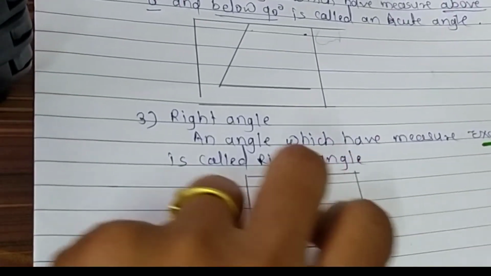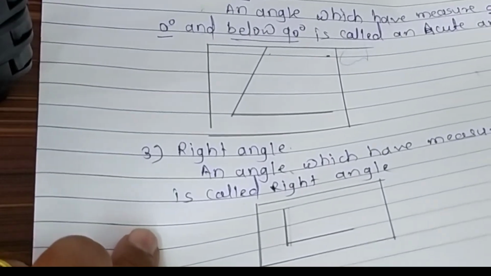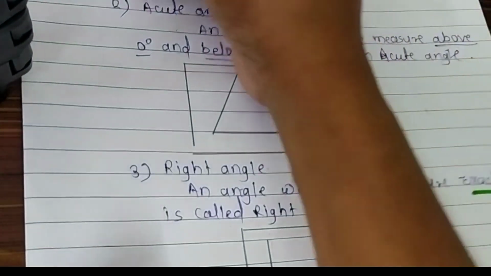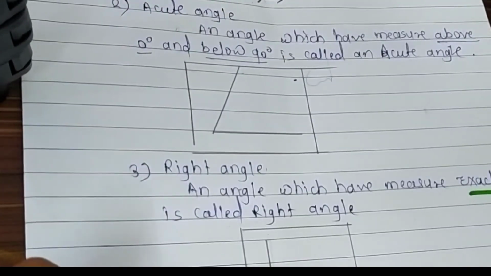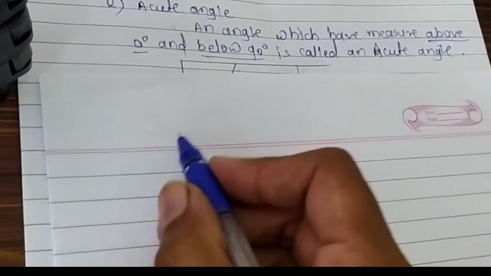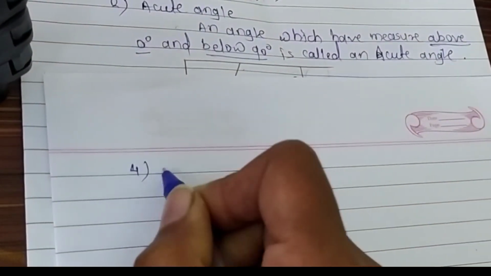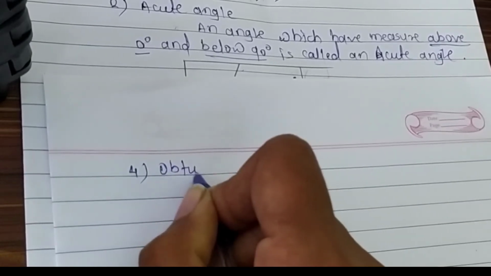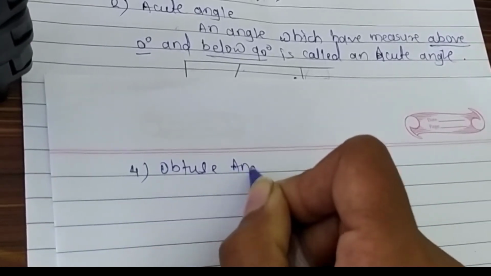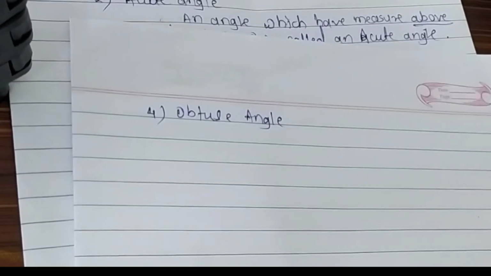The next type of angle is obtuse angle. This is the fourth type of angle, obtuse angle. What is the definition of obtuse angle?